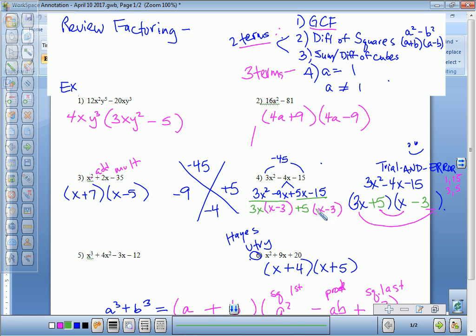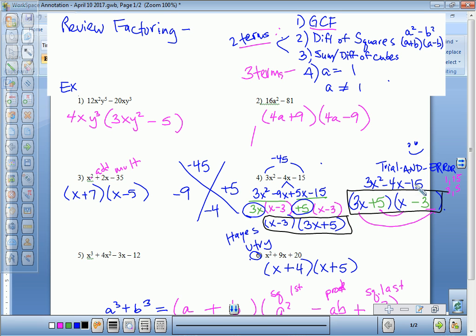So we see both of these terms have an x minus 3 in common. We can pull it out in front, and then we group what's left: 3x plus 5. Well, the cool part is we got the answer right. Do you see that this matches this? The irritating part is this went straight from the problem to the answer, and this took a lot of work.